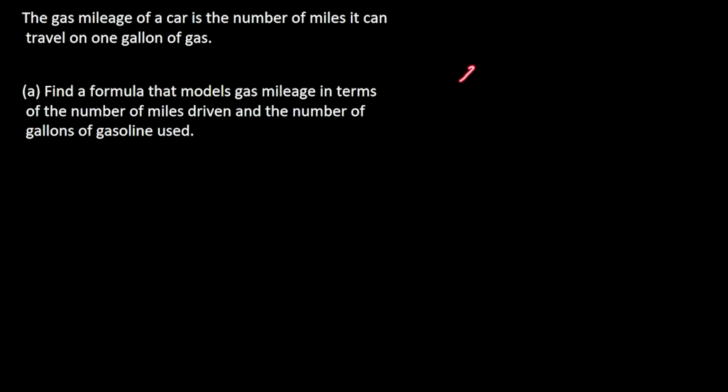So let's see part A. Find a formula that models gas mileage in terms of the number of miles driven and the number of gallons of gasoline used. So let's know the variables first.